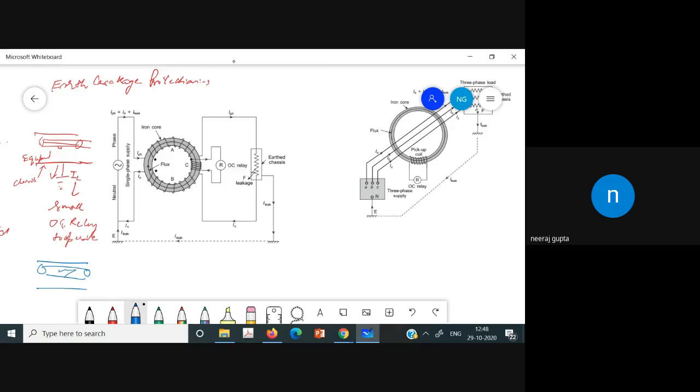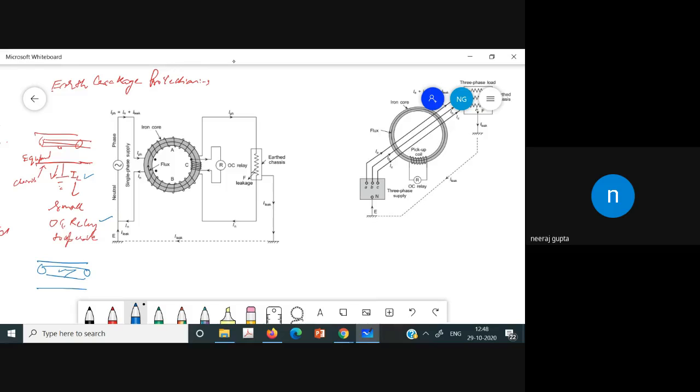Initially, in the first case, we assumed that it is grounded; the overcurrent relay will not operate because the leakage current is very small. Now, if the chassis of the equipment is not grounded, the relay will not trip because we don't have the leakage. The leakage current is small, and there is no current flowing through it.